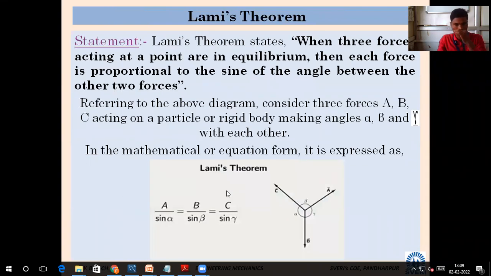Further, we discussed Lami's theorem. It is applicable to 3 concurrent forces which keep the body in equilibrium. If there are fewer than 3 or more than 3 forces, we can't apply Lami's theorem.